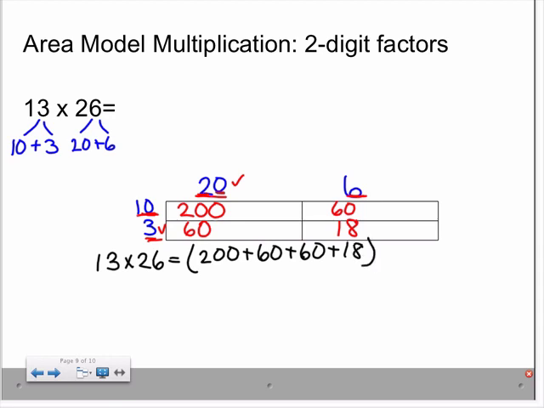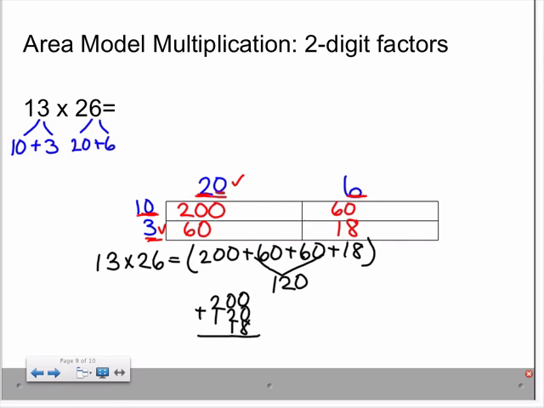I notice that I have two 60s, and I know that these two numbers combine to make 120. I'm going to use that to shorten my column addition. Now I'm going to do 200 plus 120 plus 18.